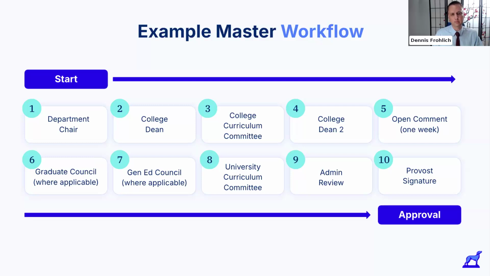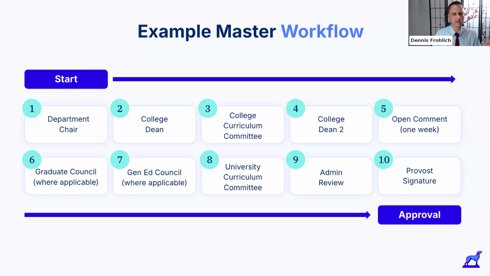They start with the department curriculum committee and the department chair signs off on it. Then it goes to our college dean, who can decide if they want to send those proposals to the college curriculum committee or if they want to just skip past it and give a final recommendation. For various reasons, they might decide one way or the other.